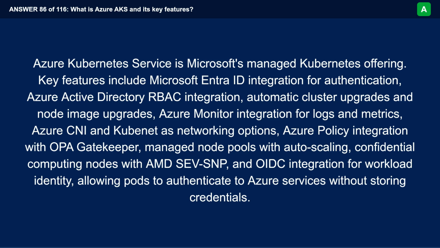Azure Monitor integration for logs and metrics, Azure CNI and kubenet as networking options, Azure Policy integration with OPA Gatekeeper, managed node pools with autoscaling, confidential computing nodes, and OIDC integration for workload identity, allowing pods to authenticate to Azure services without storing credentials.